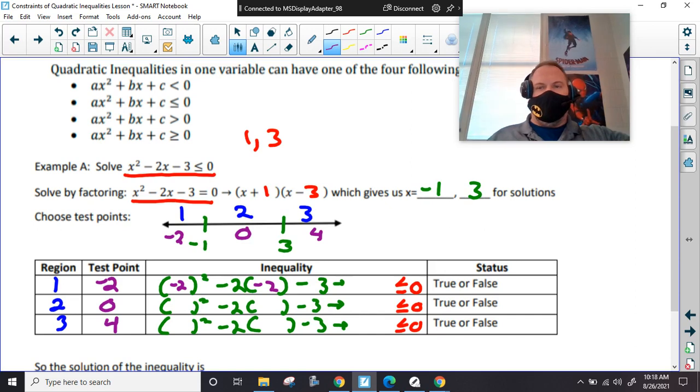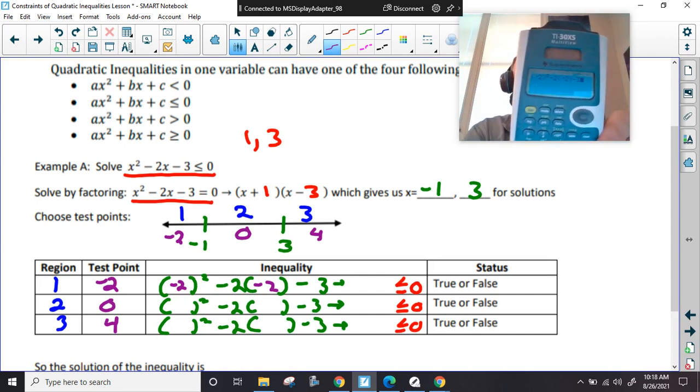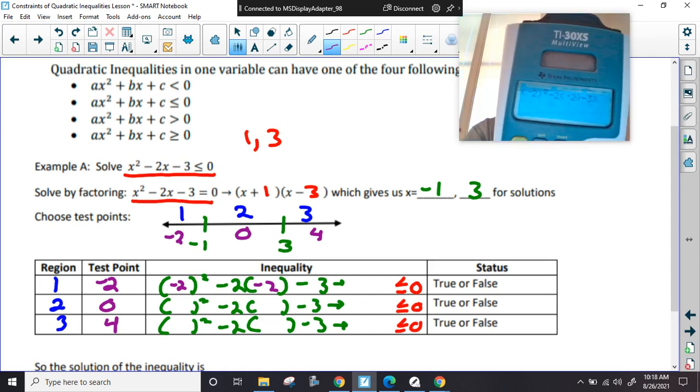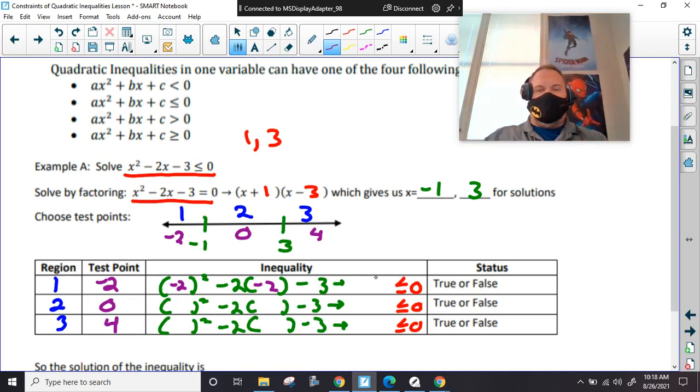So with my handy dandy calculator, I'm going to type it in as it's written on the paper. All right. See, it's right there. I enter. I get 5. All right. Now, is 5 less than or equal to 0? No, so it's false.